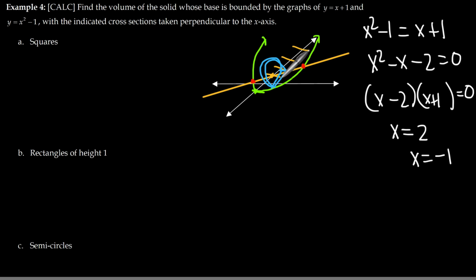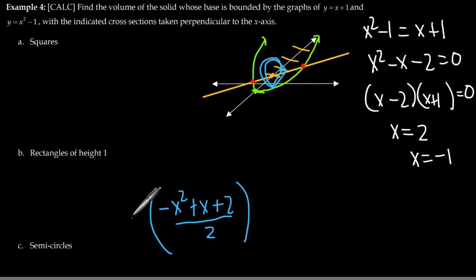Okay, so the diameter of my semicircle is going to be the upper curve minus the lower curve. So that's going to be my diameter. So it's going to be negative x squared plus x plus 2. That's my diameter. But I need to divide that by 2 to make it a radius.